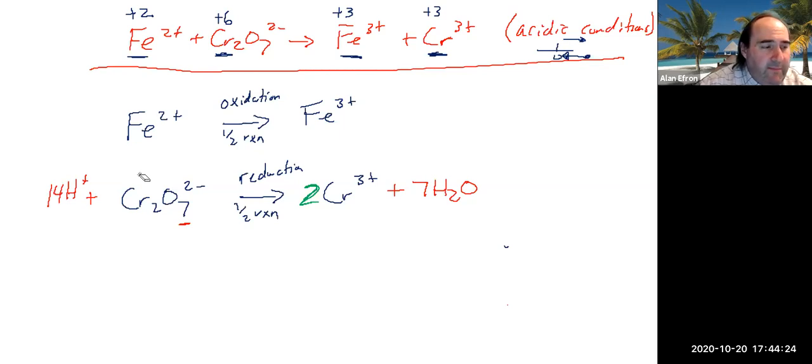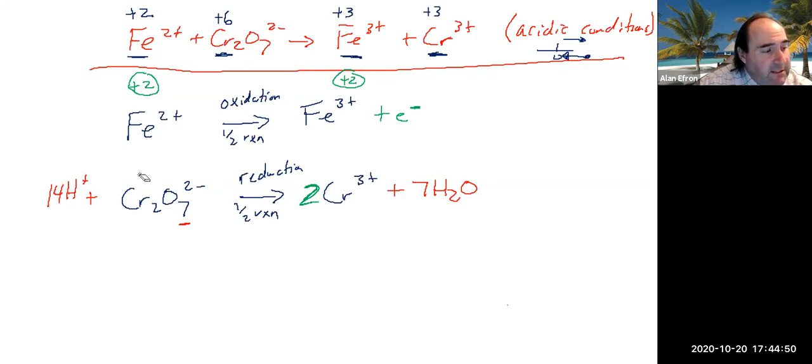The way that we can balance it is by adding electrons. So to the right-hand side, I'm going to add 1 electron. Now the total charge on the left is +2, and the total charge on the right is +2. So we have balanced out the charges on each side of the arrow in that first half reaction.